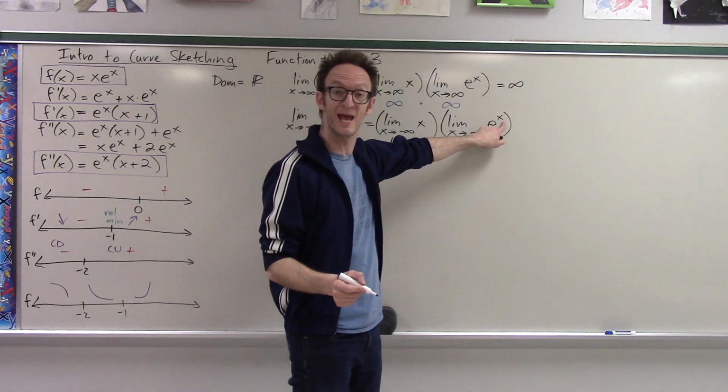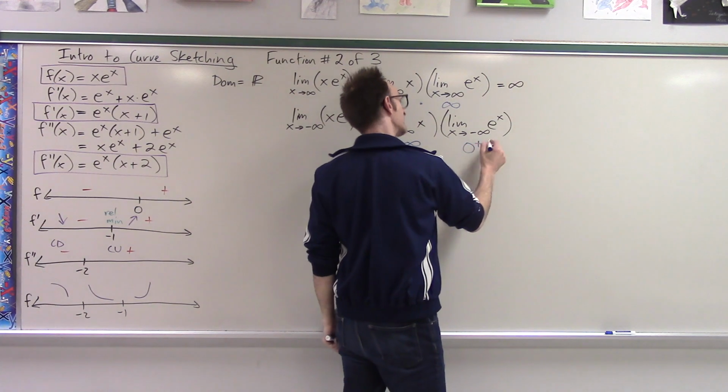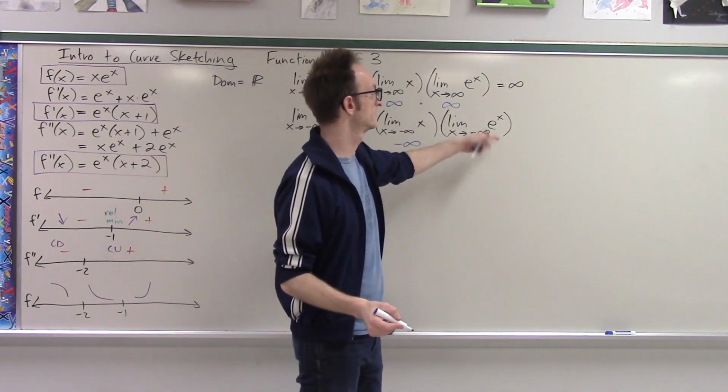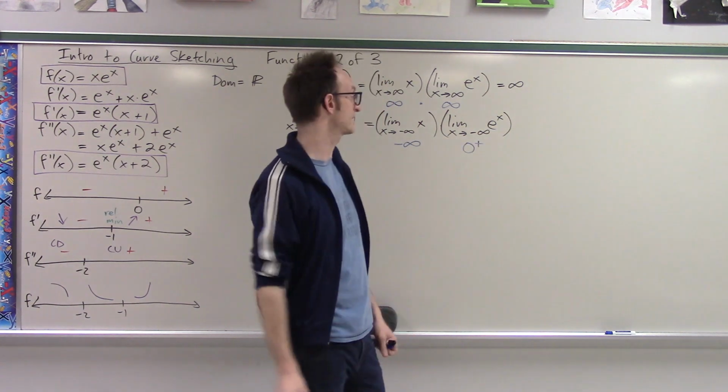Well, that's just a decaying exponential function. This is going to become very, very close to 0, right? If you plug in negative 100, e to the negative 100 is a tiny positive number.